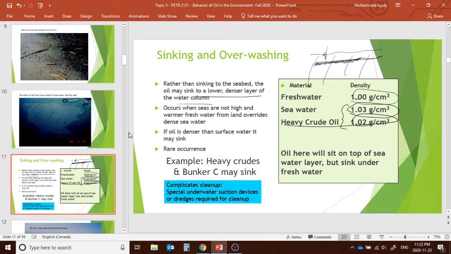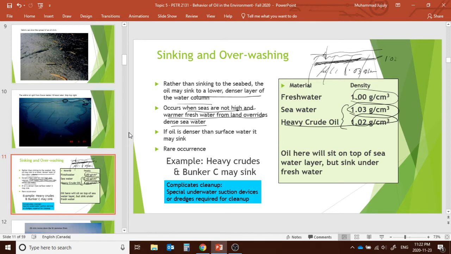So we call this overwashing. That means this is the water, and water washes over the oil slick. It occurs when the seas are not high and warmer, and fresh water from the land overrides the denser seawater. So that means this is the seawater, for instance, 1.03 gram per cc.